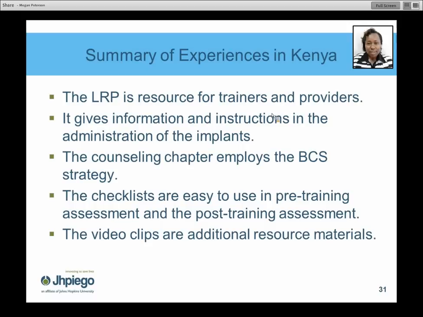It helps to strengthen service delivery, and even in provision at the clinics, we encourage the service providers to use the checklist among their peers in peer-to-peer support. The other thing is that the checklists are easy to use in pre-training and post-training assessment.